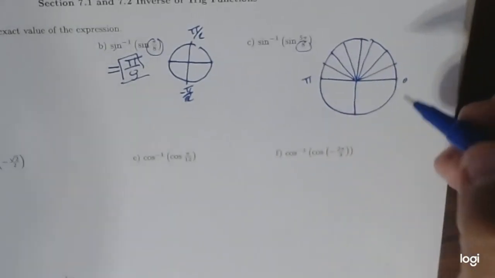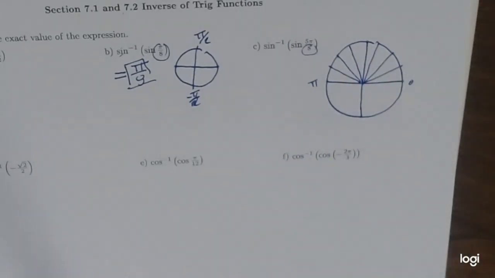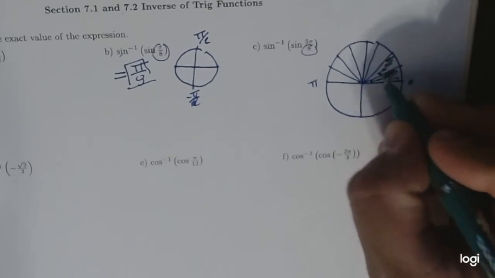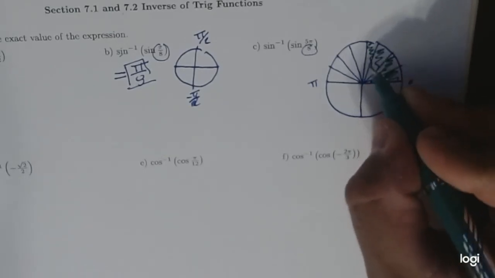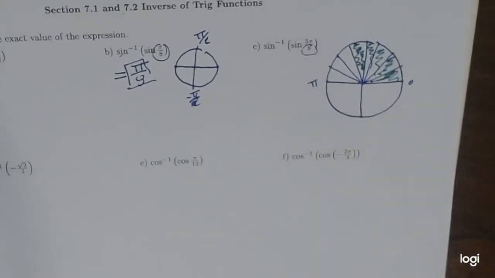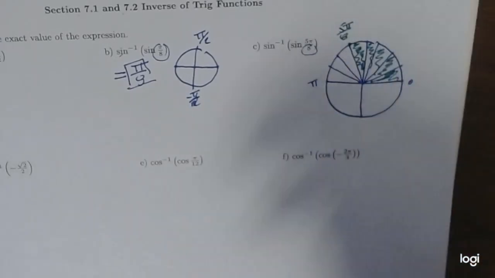Okay? And now what we want to do is, since it's 5 pi over 8, I'm going to shade 5 parts of an 8 whole. Right? So that's 5 parts, like little pizza slices of the 8. So right here is 5 pi over 8.